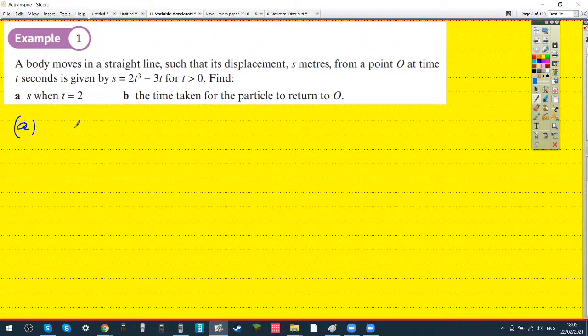So, that's just me subbing in 2 for t. Yeah, and any idea about B?